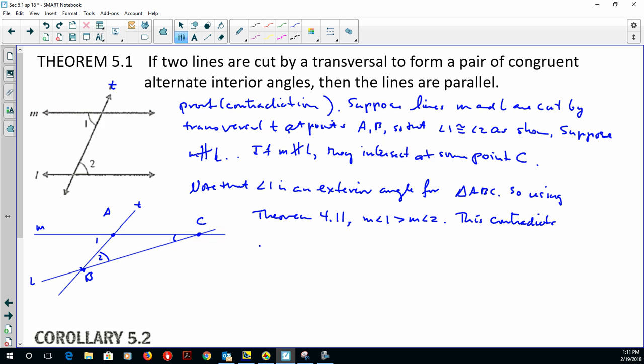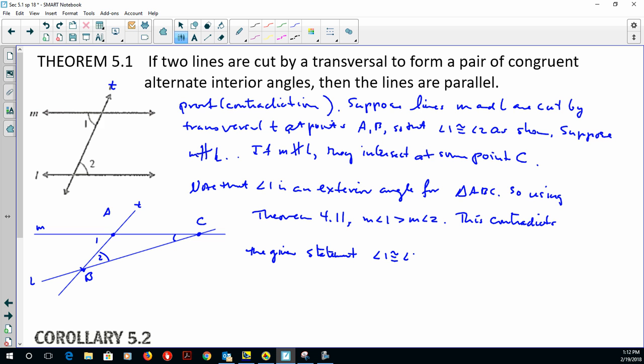This contradicts the given statement that angle 1 is congruent to angle 2. This was given to us.